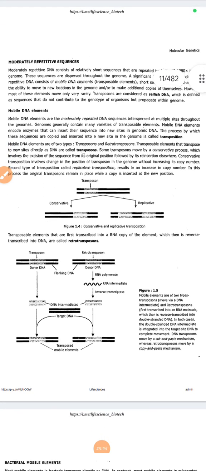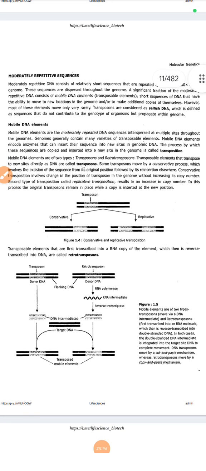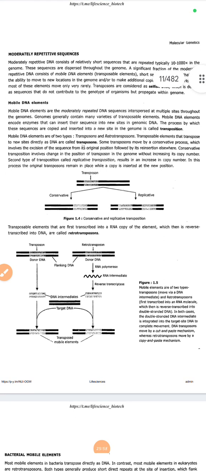Next, let us study deeper about mobile genetic elements like transposons, which is very necessary to understand. Mobile genetic elements are moderately repeated DNA sequences, and they are interspersed at multiple sites throughout the genome.